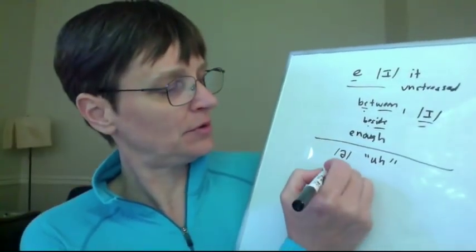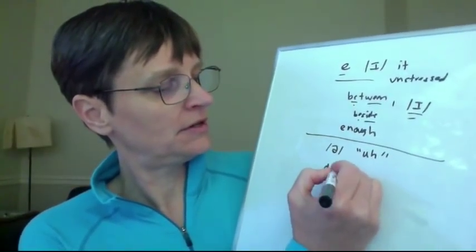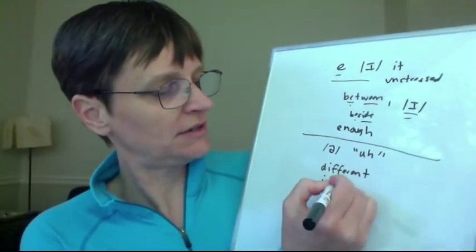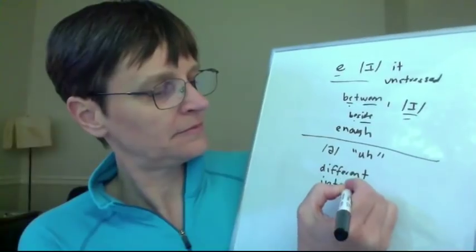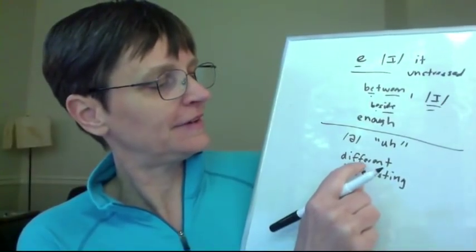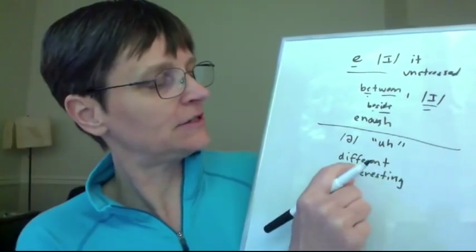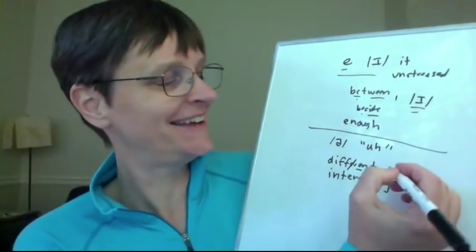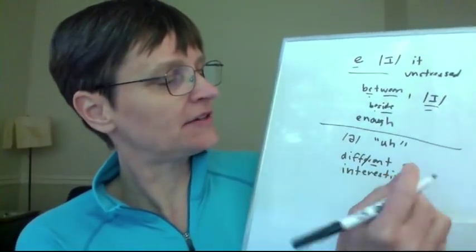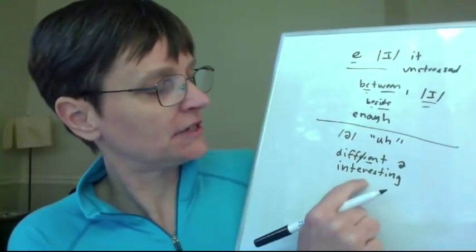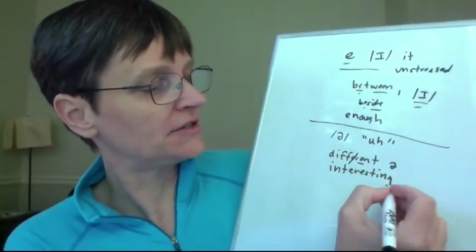So for example, in the word different or interesting, I don't say different. This E is silent, and this E is the schwa sound. It sounds like different. And similarly, interesting is a schwa sound.